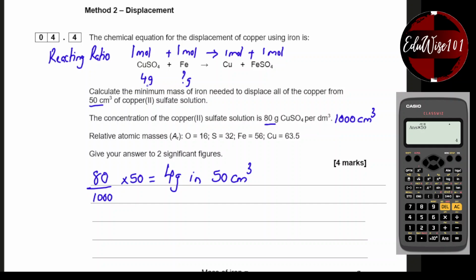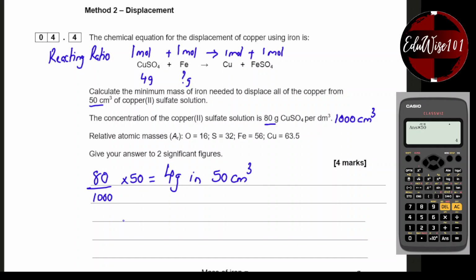So I need to convert this 4 grams into moles. If I convert this 4 grams into moles, then it'll be the same number of moles of iron that is actually reacting, and then I can convert it back to grams.